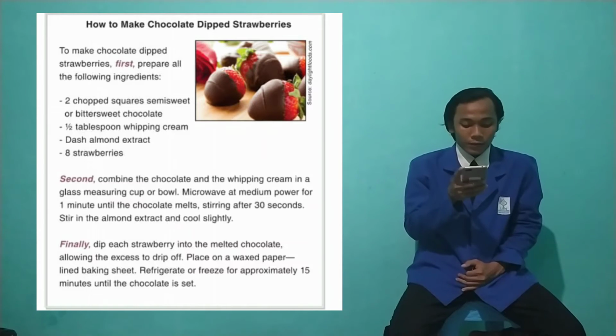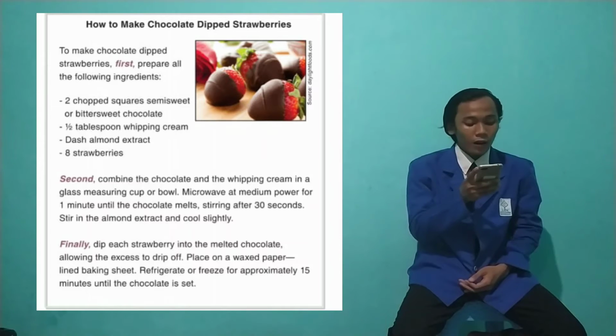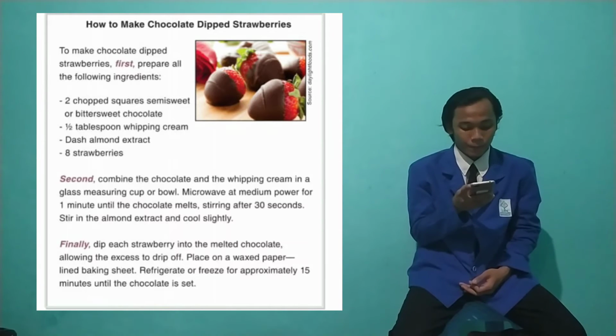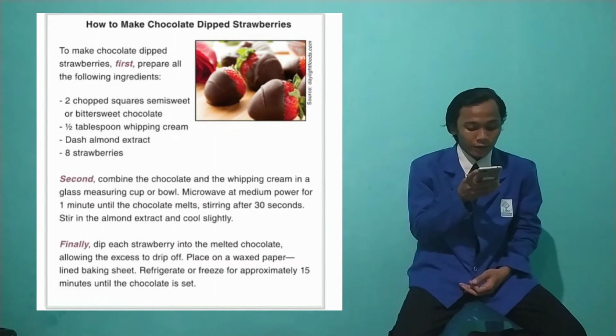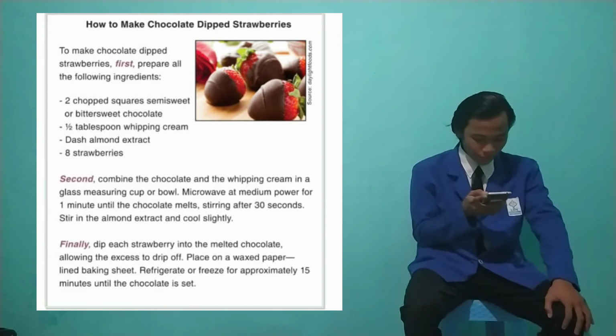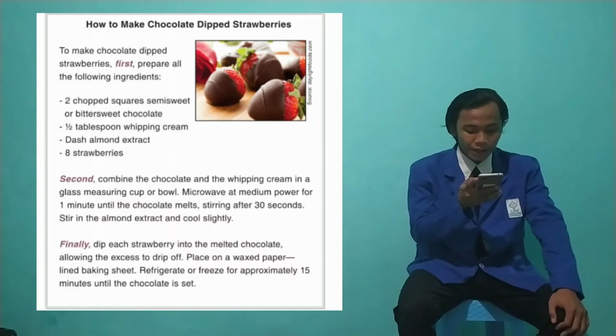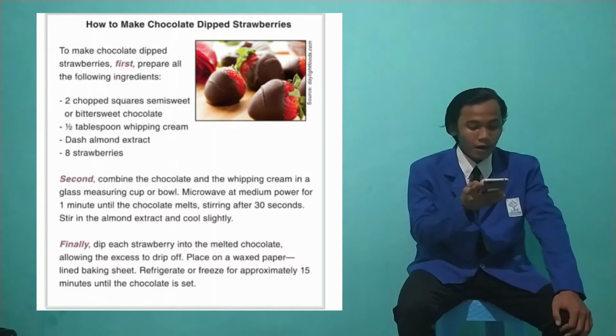To make chocolate dipped strawberries, first prepare all the following ingredients: chopped squares of semi-sweet or bittersweet chocolate, a half tablespoon whipping cream, a dash of almond extract, and 8 strawberries. Second, combine the chocolate and the whipping cream in a glass measuring cup or bowl.